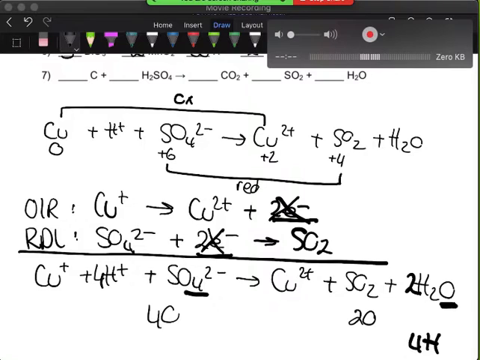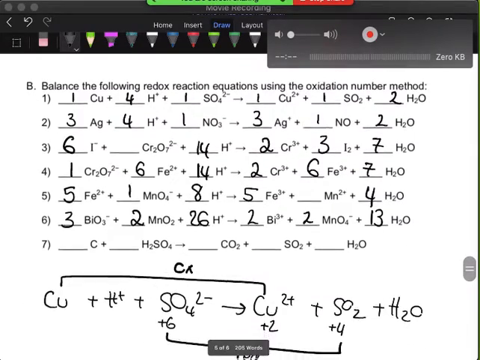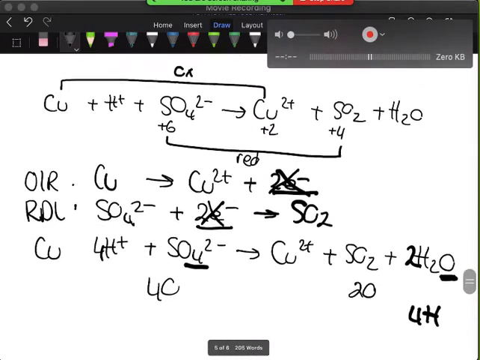Yeah, sort of. Because this copper was an element, so it was 0, so it's going from 0 to plus 2. Yeah. So let's get rid of this positive as well. Had I gotten that right when I went up here? Yeah.